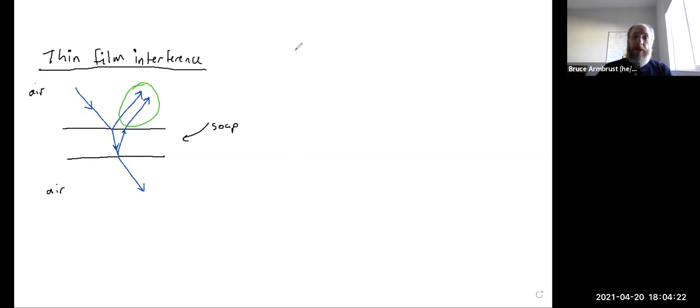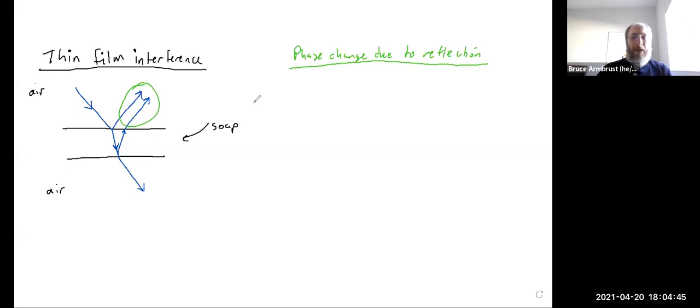The first is a phase change due to reflection. Sometimes when it reflects, it goes out of phase. Sometimes it doesn't. Sometimes it actually stays where it was.